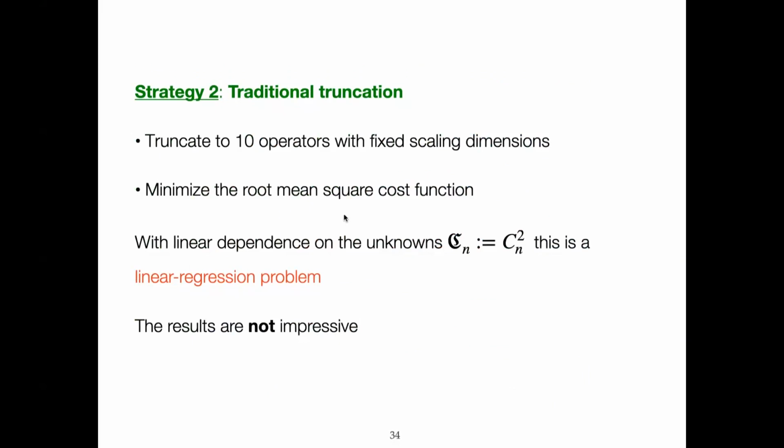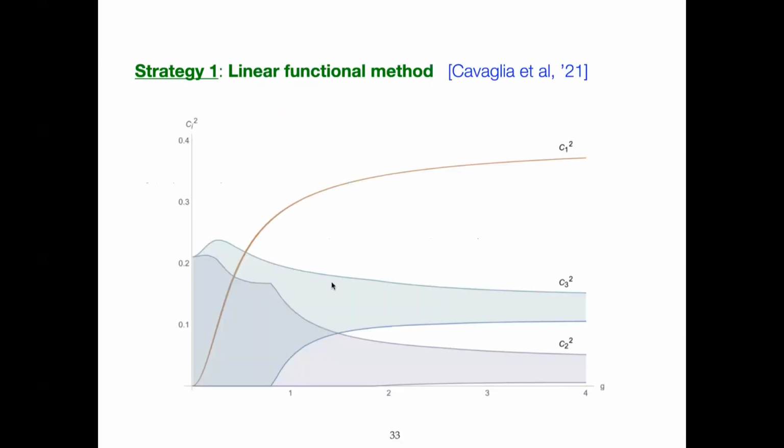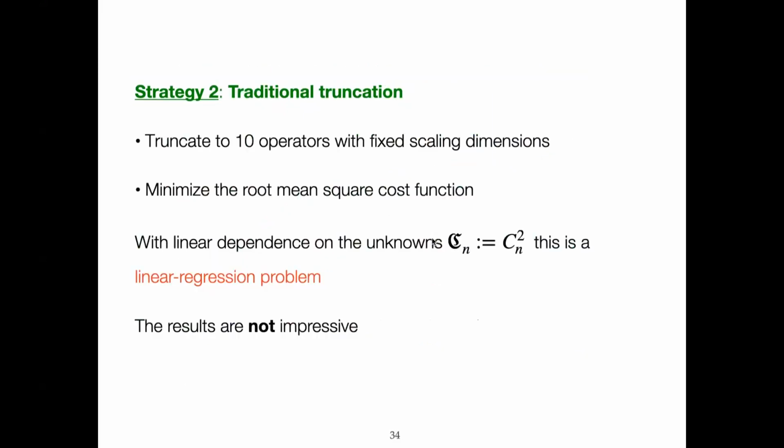Minimizing the root mean square of that is basically a least squares error optimization, or a linear regression problem. This is very simple. You run it, and you're not getting very nice results, certainly not as good as this one.